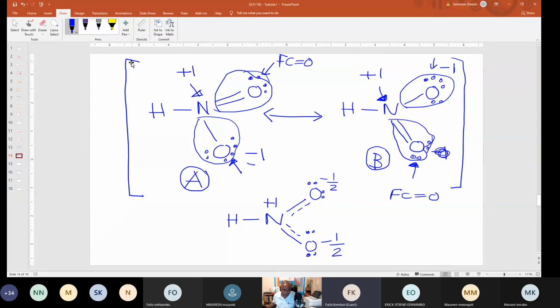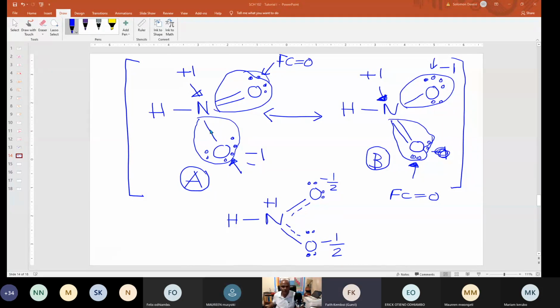And then it's also good to put them in a square bracket. This square bracket you learn later, you know, everything in chemistry has a meaning, okay? So this square bracket, in this particular case, is showing that these two, A and B, are not real. The true structure is the resonance hybrid of these ones, the average of this.